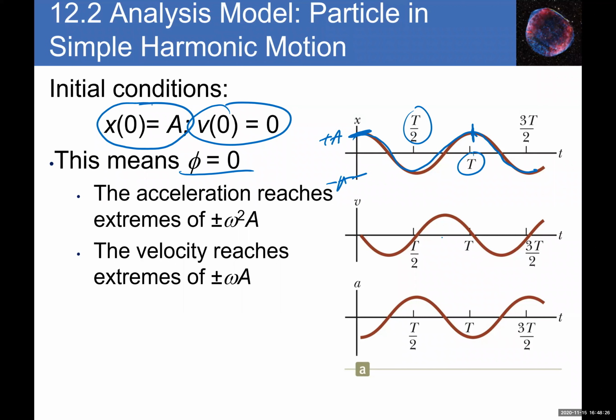Velocity reaches its extremes of plus or minus omega A, and same thing with the acceleration. Okay, because remember, velocity and acceleration can be both positive and negative even when they're at their maximums.